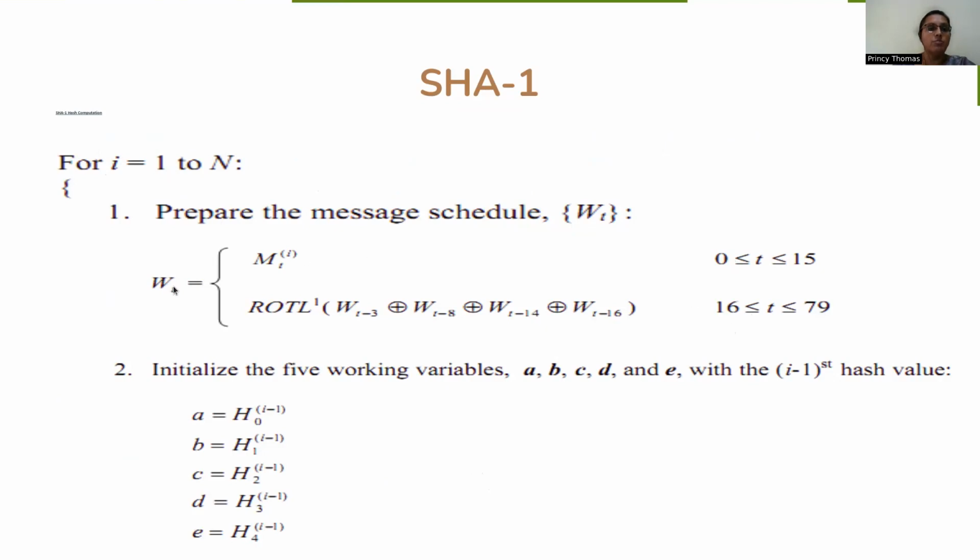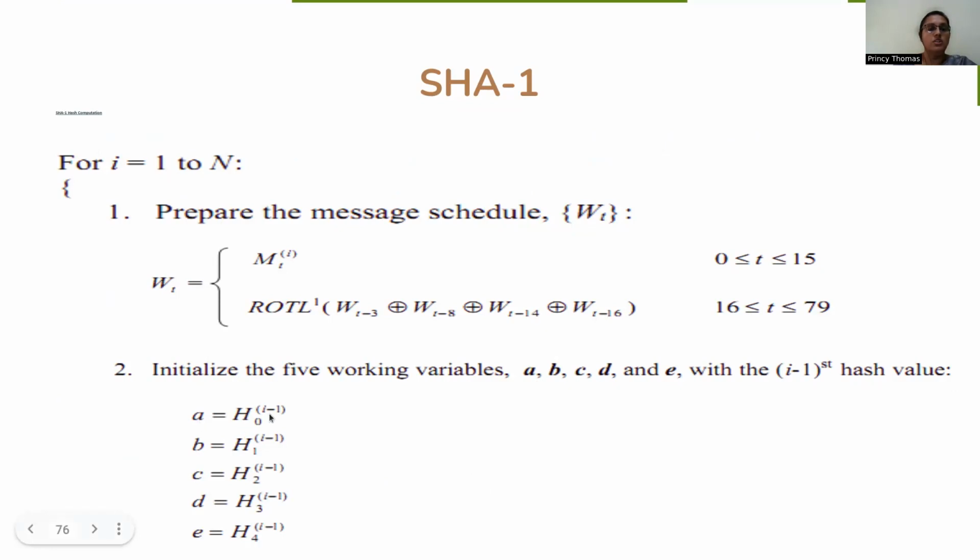And accordingly, W of t will be calculated. After W of t has been calculated, the working variables A, B, C, D, E are set with the i minus 1th hash value. So the previous hash value is going to be used for the initial values over here.